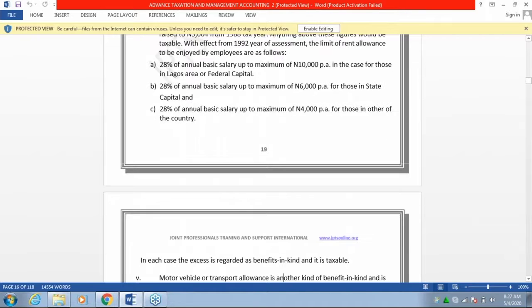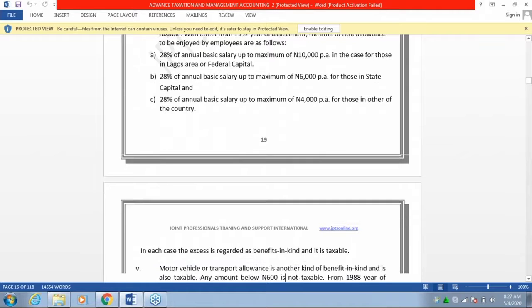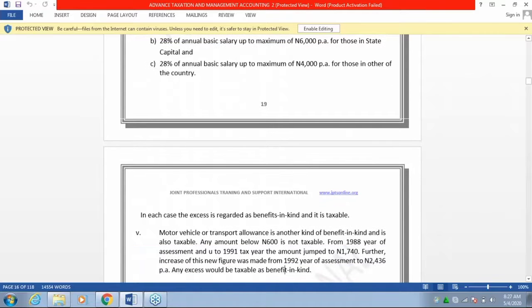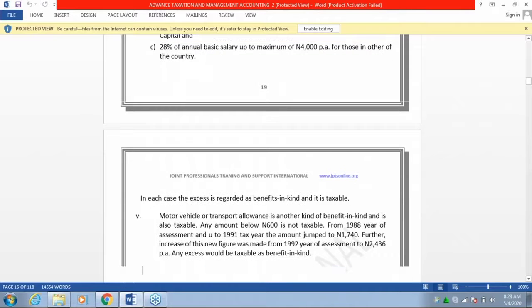Then 28% of the annual basic salary up to a maximum of 6,000 naira per annum for those in a state capital. And 28% of the annual basic salary up to a maximum of 4,000 naira per annum for those in the other parts of the country. So in each case, the excess is regarded as benefit in kind, and it is very much taxable.